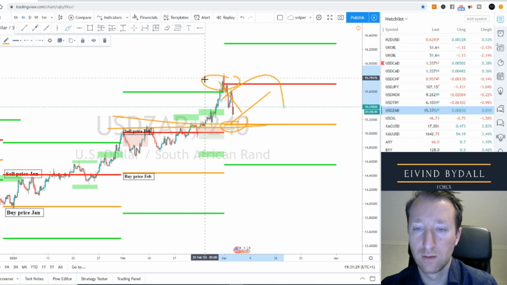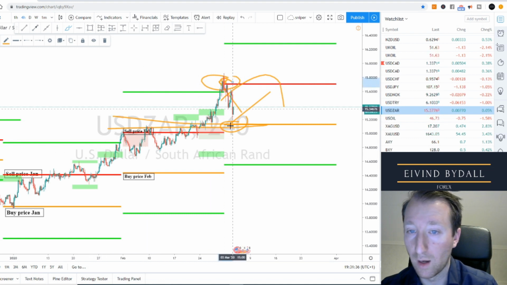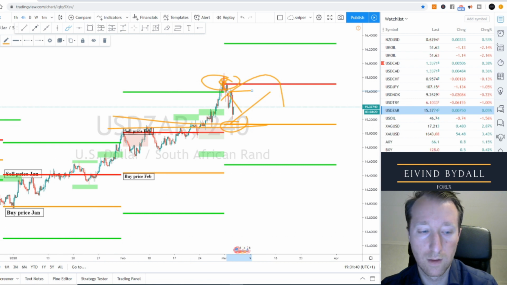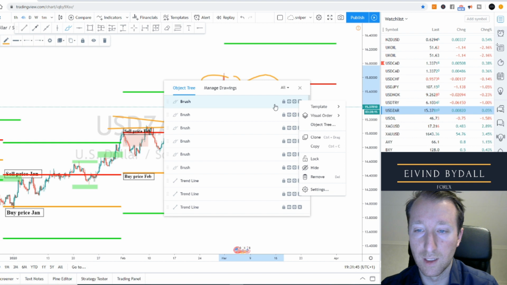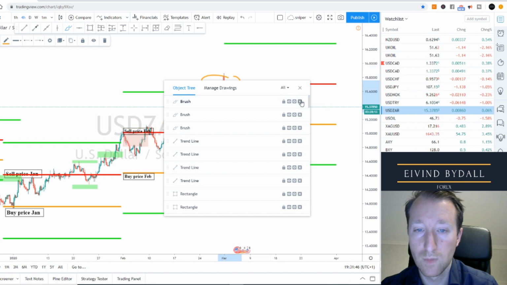Okay, that's how I see it. So if you were in this move here, fine, but that's a higher high, so I wouldn't. Maybe if we were in this high, that would be okay, but other than that, you should not be engaging at the moment. I wouldn't, at least.